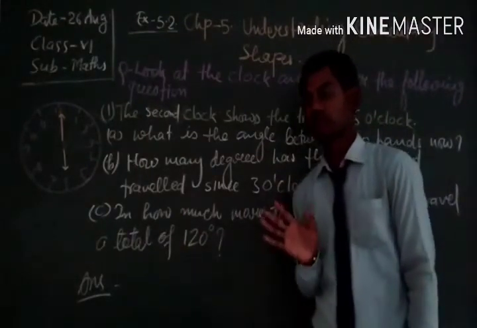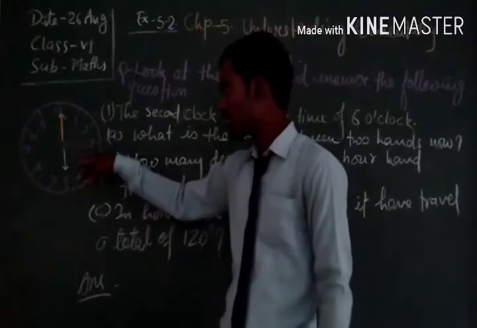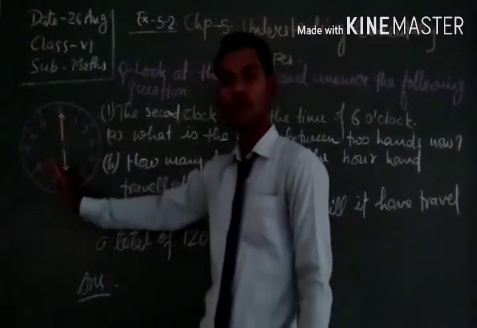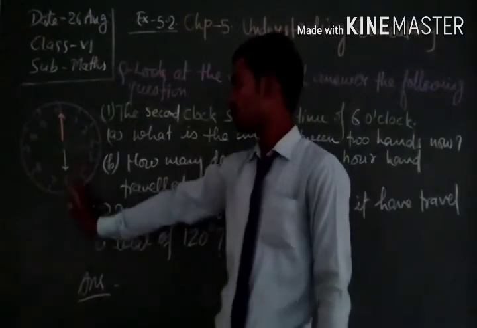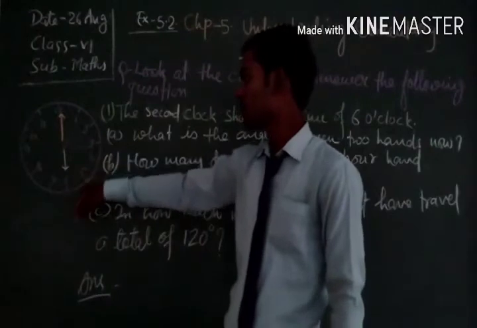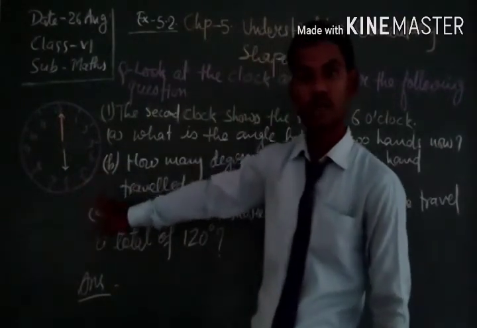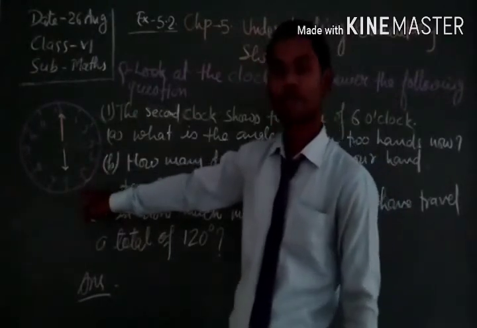angle formed. Okay? Here the hour hand has just moved from 3 to 6 o'clock, 3 to 6. That means the hour hand again crosses three parts, 1, 2, 3 parts.